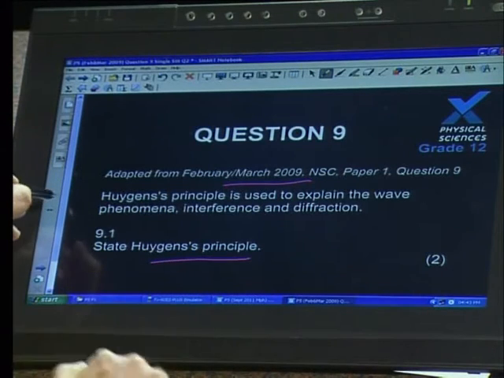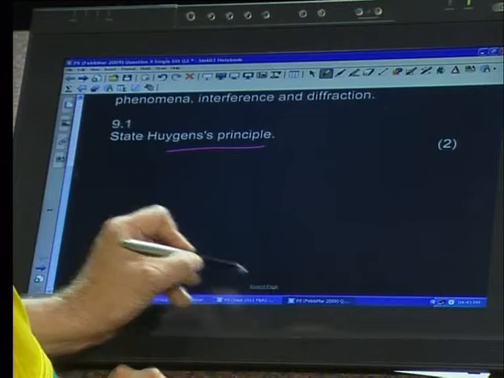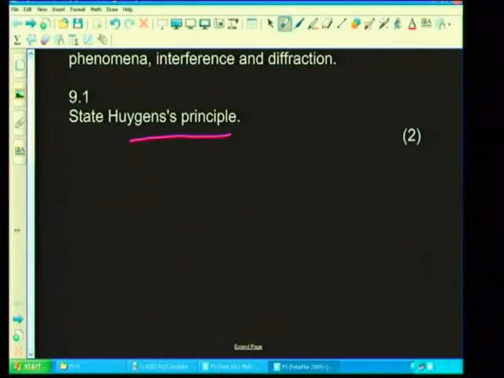Huygens principle says the following. If you've got a wavefront, we can treat every point on a wavefront as a source of new wavelets. So that's Huygens principle.